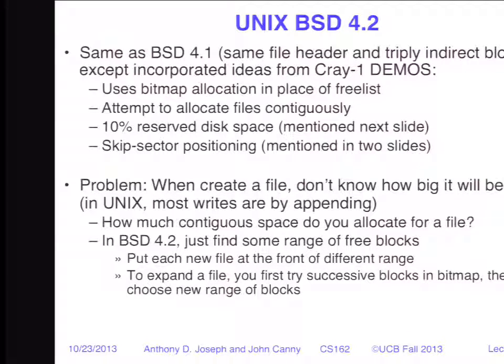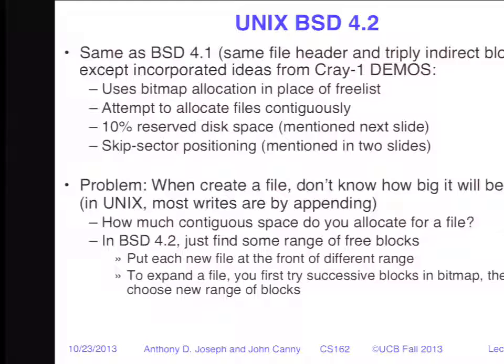For example, if I'm creating a bunch of files in a directory, it's really good to have the files in a directory located close together. Because when you do a grep of the directory, or in general, people tend to access the files in a directory together. When you load your project files, you're loading them all from the same set of directories. So if they're all together, then your drive doesn't have to do lots of seeks. If they're not in the same directory, then you can simply pick a random spot in the bitmap and look for a run of zeros.